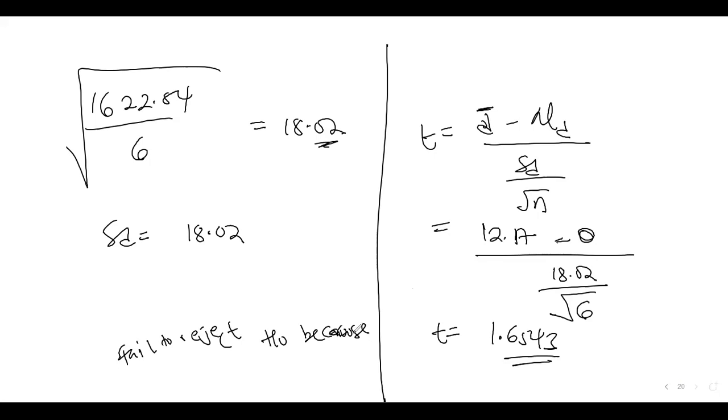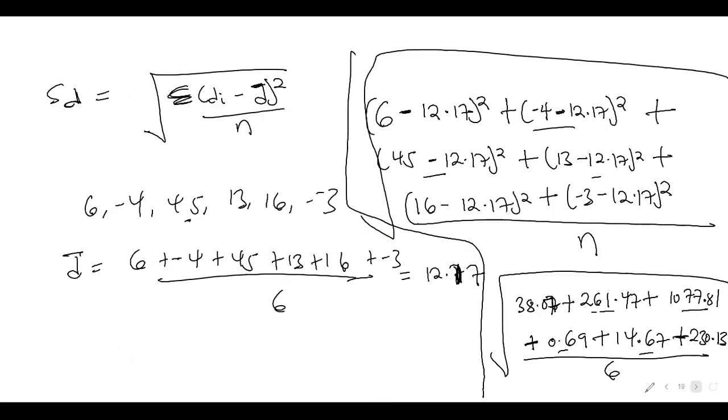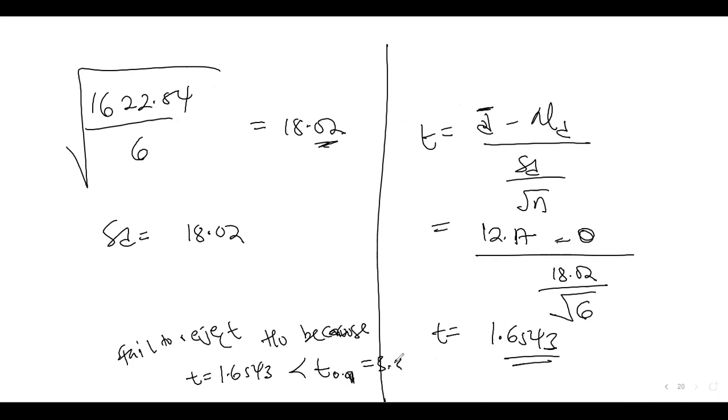All right. Okay. So because the computed T is 1.6543 and it's less than the critical T of 3.365, we fail to reject.